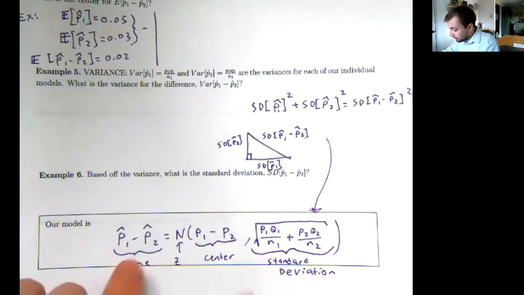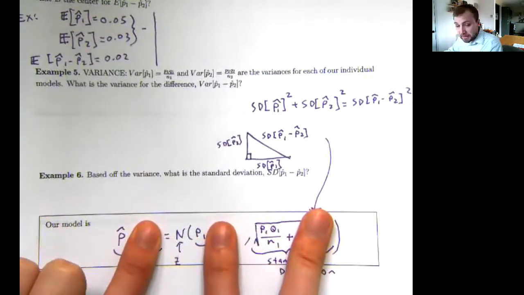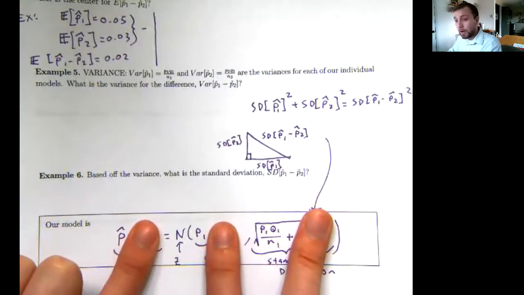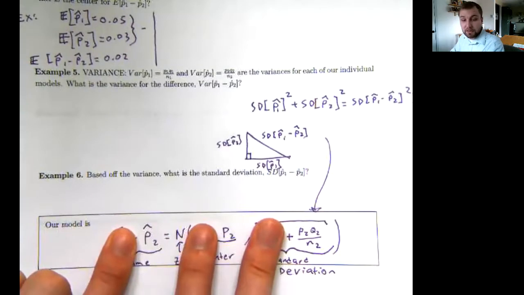Notice if I cover everything with a 2 up, I'm left with p hat is normally distributed with the center of p and a standard deviation of square root pq over n. I have my old model for the first group. I'm going to do the same thing now where I cover up everything with a 1. P hat is normally distributed with the center of p and a standard deviation of the square root of pq over n.